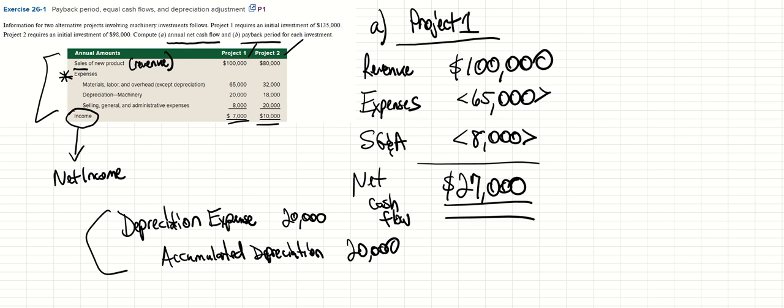Notice the difference for project 1: the net income was $7,000, but the net cash flow is $27,000. That's because we did not include the depreciation, since depreciation is a non-cash expense. It doesn't affect cash.